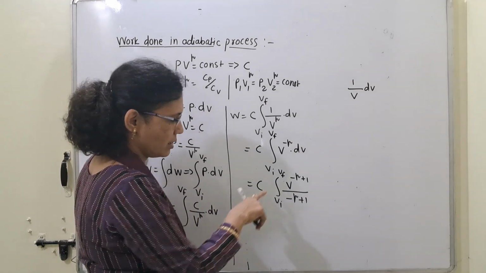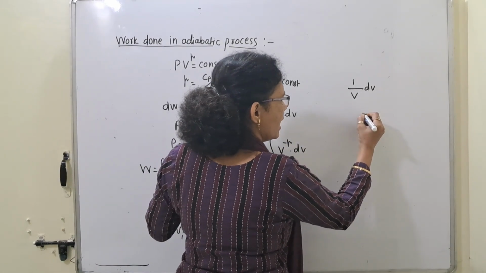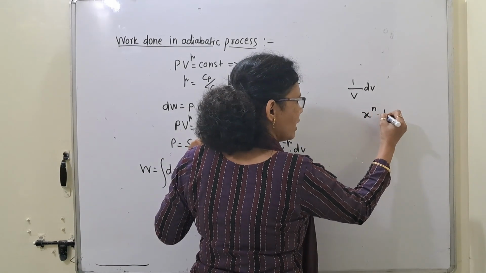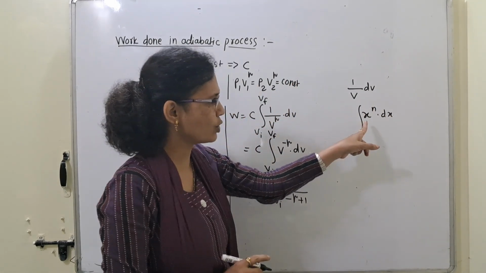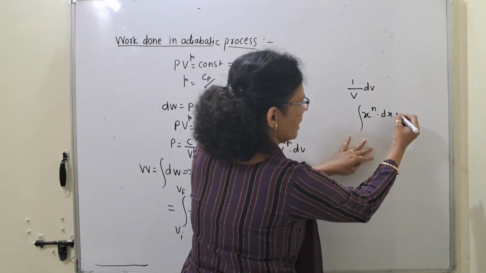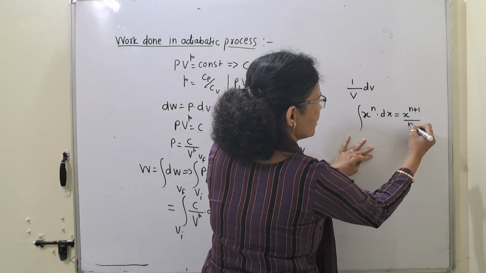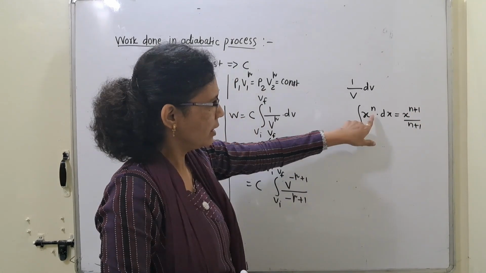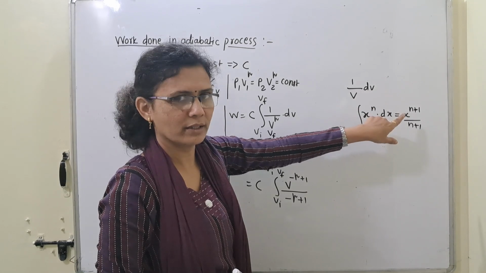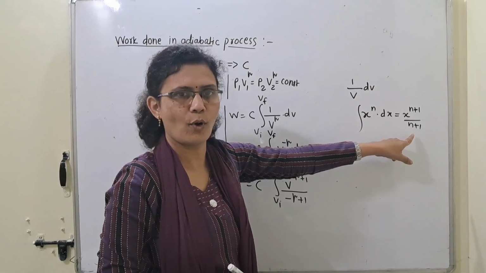Again, I give this formula for you. See, x raised to n dx. What will be the integration of this term? This will be x raised to n plus 1 upon n plus 1. Right? Power plus 1 divided by that increased power.